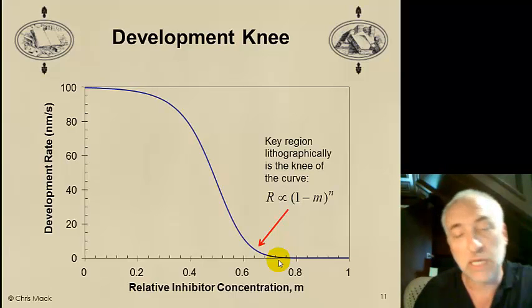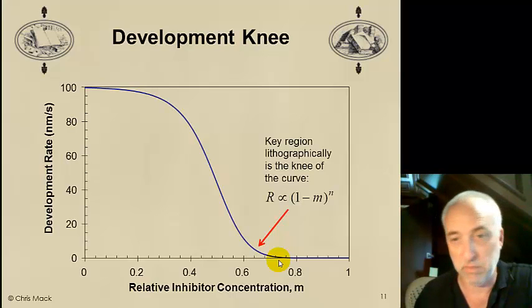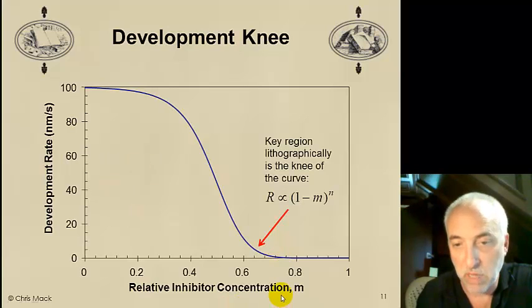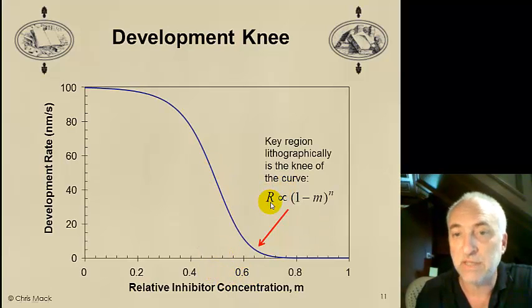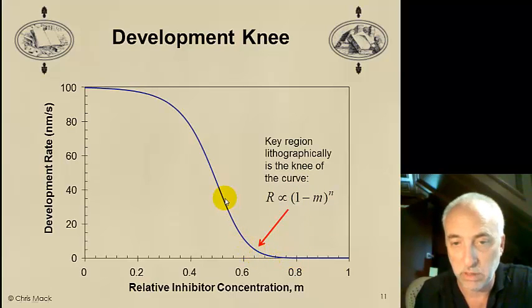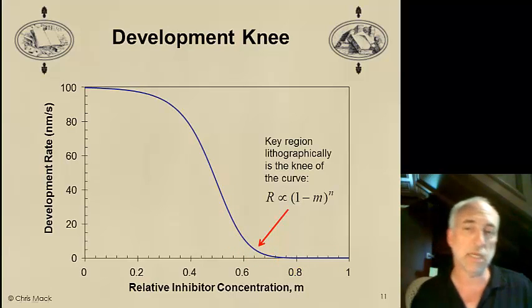Now, if you look at the equation for the Mack development model and consider the case where the value of m is bigger than the threshold concentration, you'll find that the development rate will be proportional to (1 - m) to the nth power. In other words, this is an nth order polynomial, an n power function going on right here.